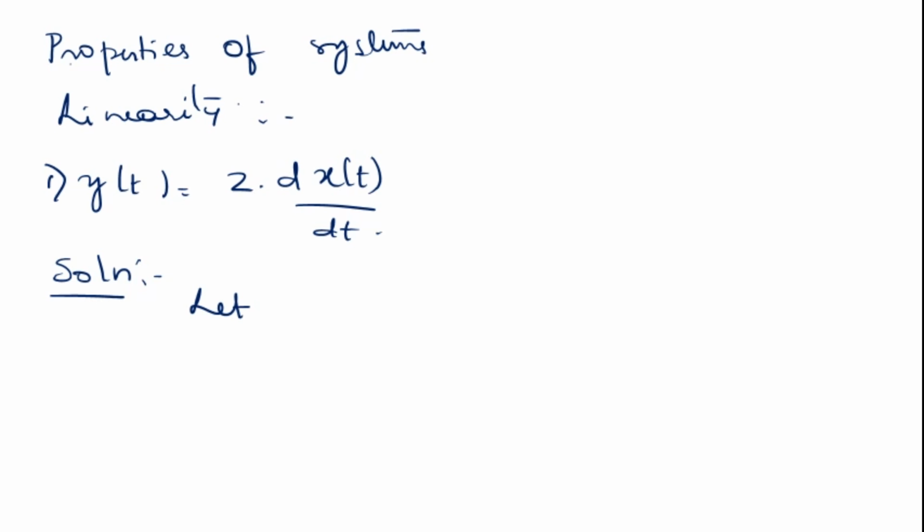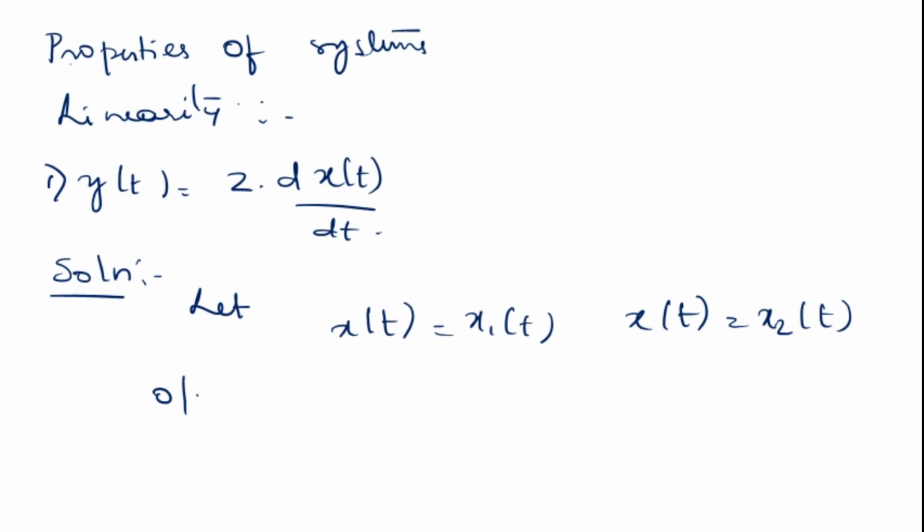Let x of t is equal to x1 of t, then x of t is equal to x2 of t, then output y1 of t is equal to 2 into dx1 of t divided by dt.